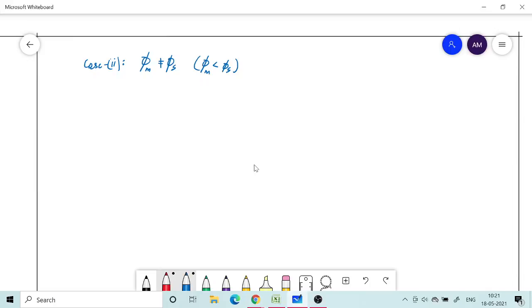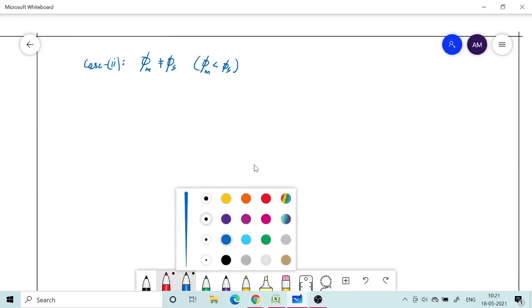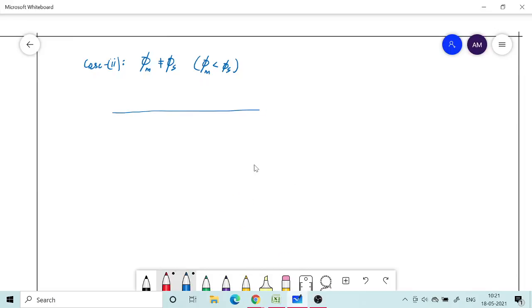Okay, so how do I start? I start again with the vacuum level. Then for the metal there are not many things to be bothered about. So we have our phi m here.